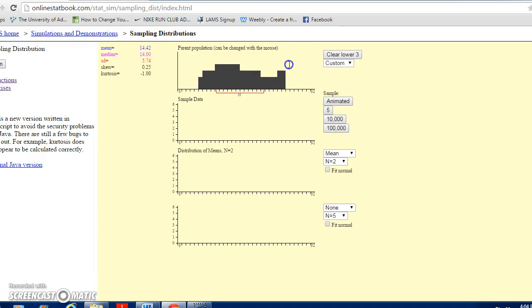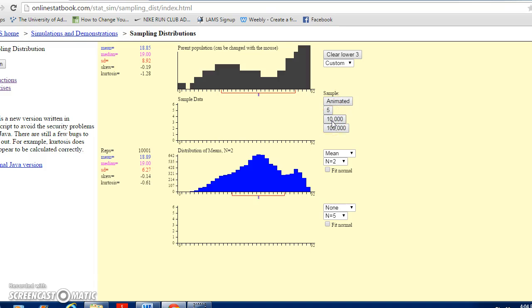So if I just drag my mouse, we can create a crazy parent population histogram, and then we can select 2 measurements from that and find the mean, and then perhaps do that 10,000 times, and we get this crazy distribution.